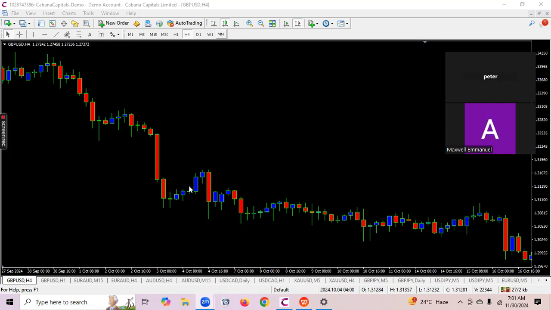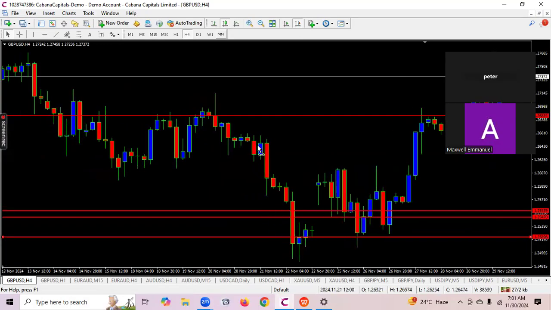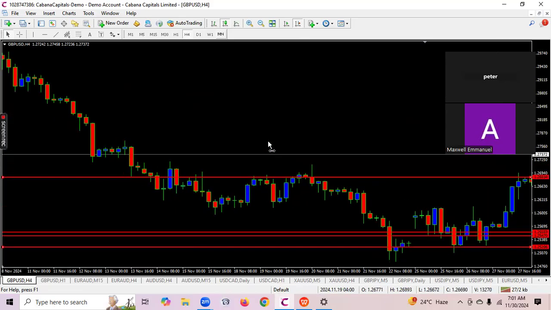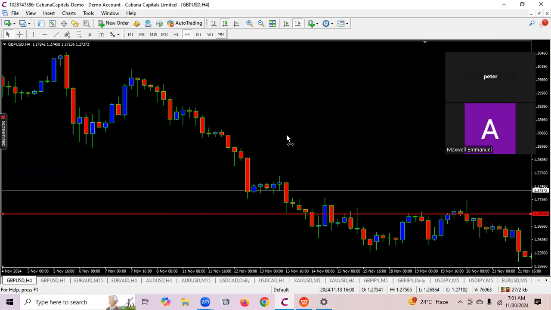A spinning top should have a small body, but a doji does not have a body. And that is why it is referred to as an indecision candle. When you see a doji, you know there is indecision in the market.